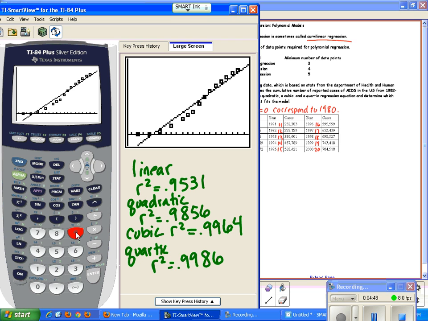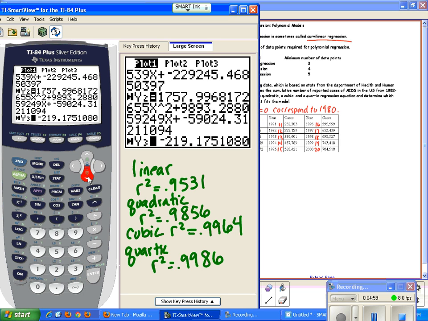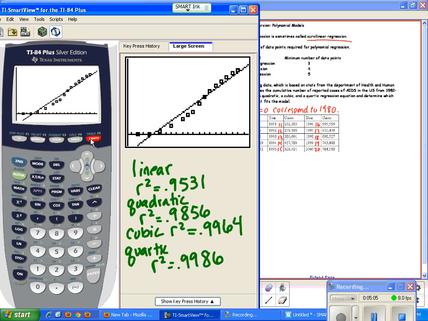So there's the first linear equation. And I'm going to go to my y equals and turn these other ones on so we can look at all of these together. Okay, so now if I hit graph, linear is going to be first.